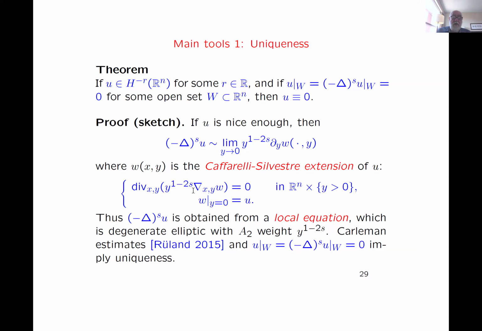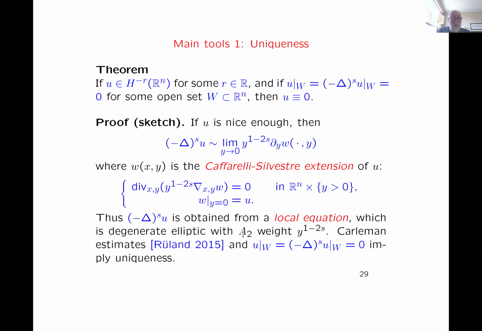In the case s equal to 1/2, which is a very important case, the square root of the Laplacian, here this is the standard Laplacian. And then one uses, so that you get a local equation from the non-local one, but with a weight, a degenerate weight in the general case, when s is not 1/2.